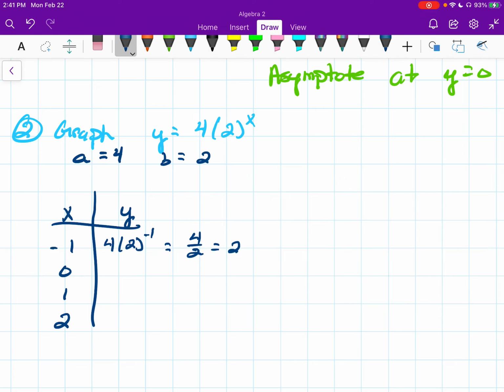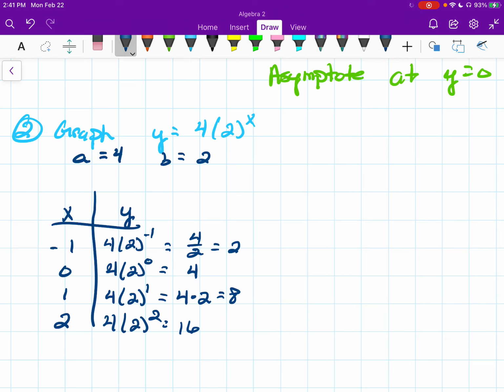Whenever I plug in a 0, it's going to be 4 times 2 to the 0. 2 to the 0 is 1, so this is just going to be 4. Whenever I plug in a 1, it'll be 4 times 2 to the 1. So that's 4 times 2, which is 8. Lastly, we have 4 and then 2 squared, which will give me a 16.